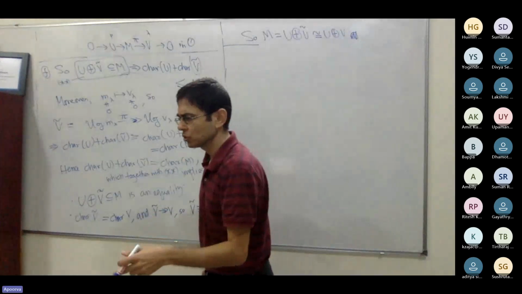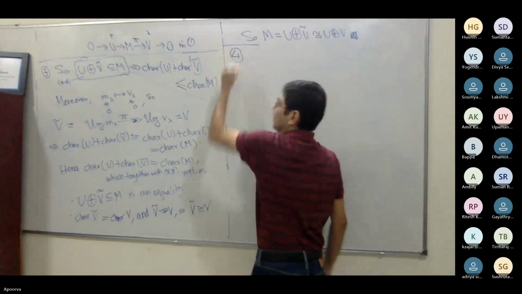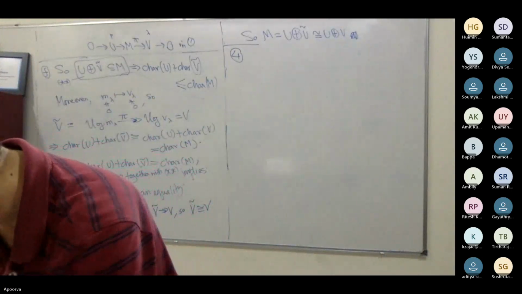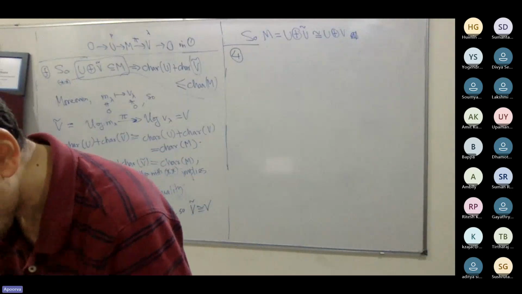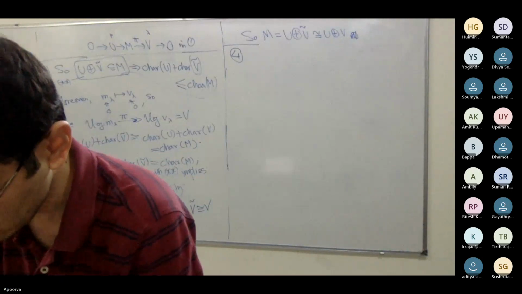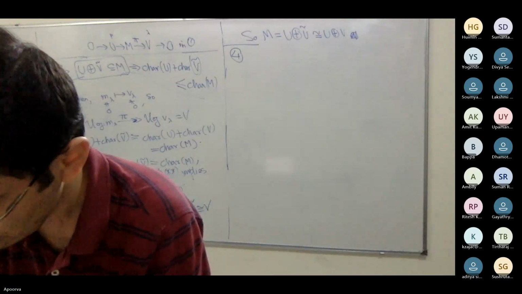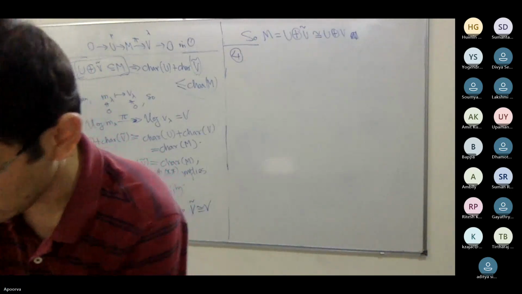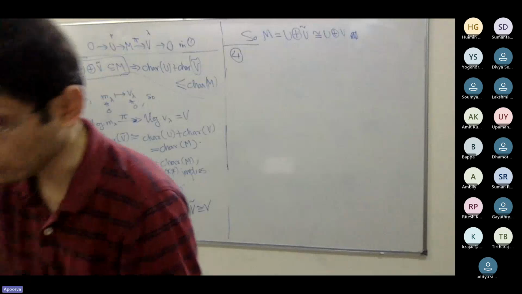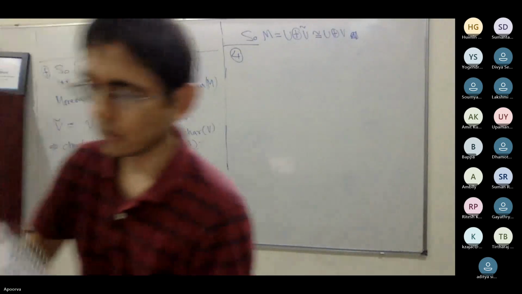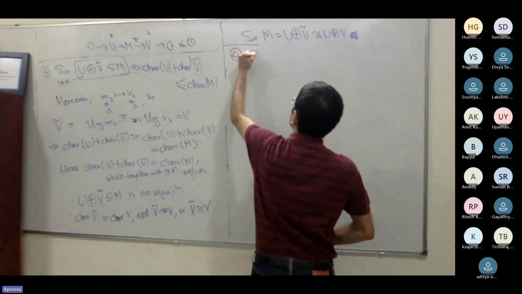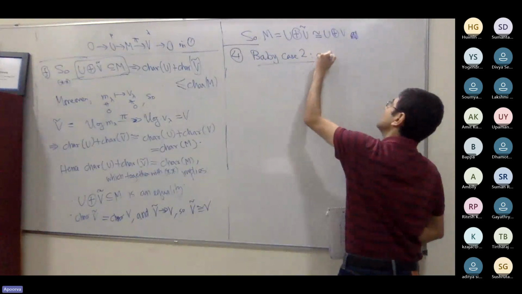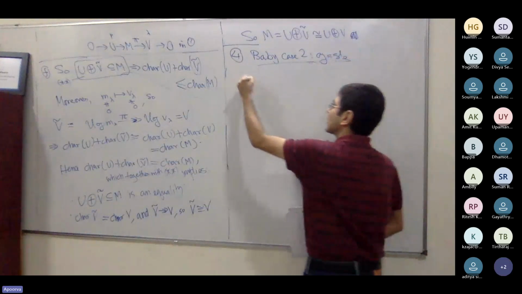Now let's do baby case 2. This was number 3. I think now I want to do baby case 2. This is all done. So now we do this example that we have discussed earlier, and here we go. So, baby case. Now G is SL2, and I will just look at this example.